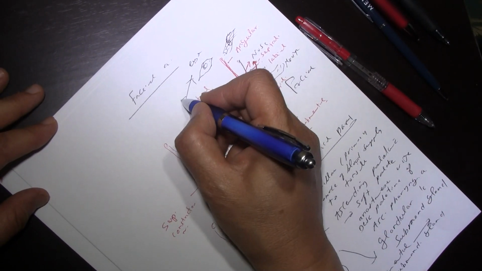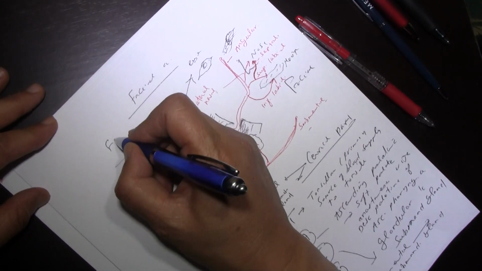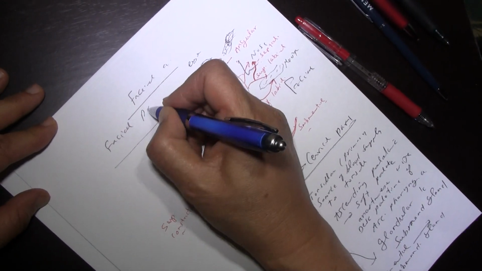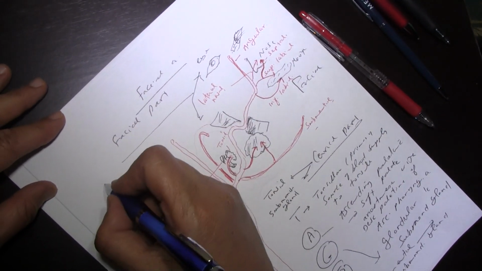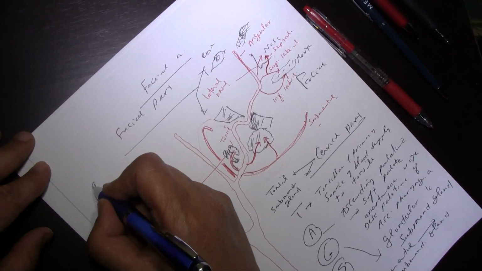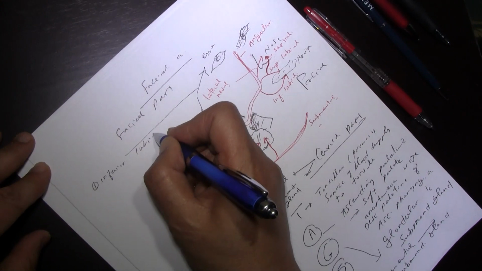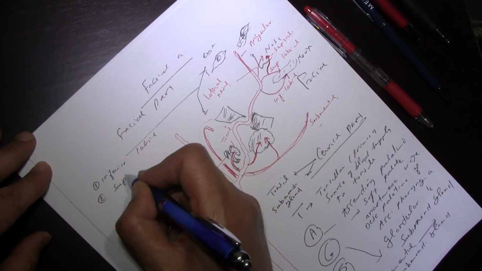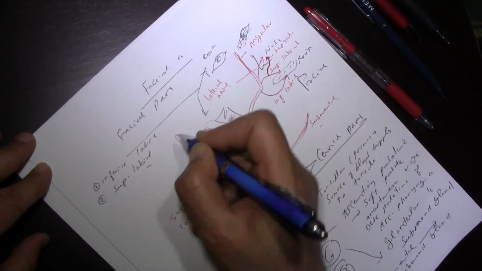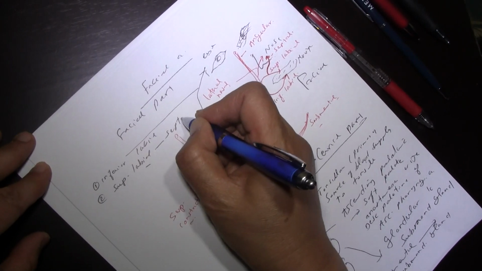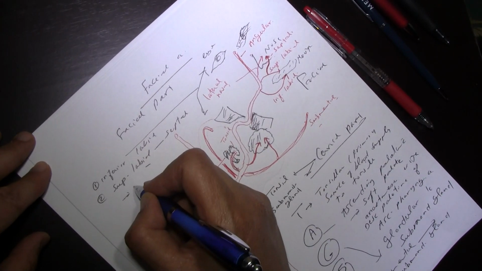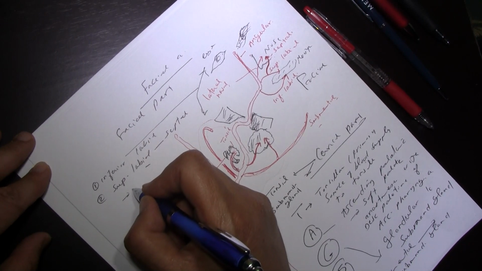Okay, so the facial part of the facial artery is going to give four branches. Inferior labial to the lower lip, then superior labial, which gives septal, and the septal contributes to anastomosis in the tip of the nose, in the nasal septum.